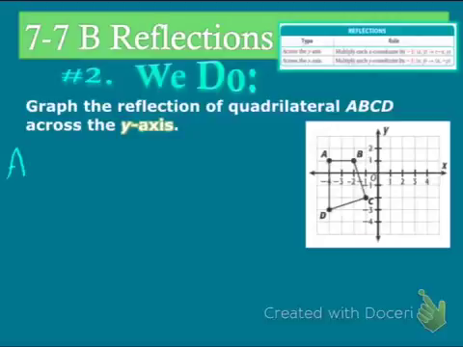So we have A with a location of walk to -4 and up 1. For B, we're walking to -2 up 1.